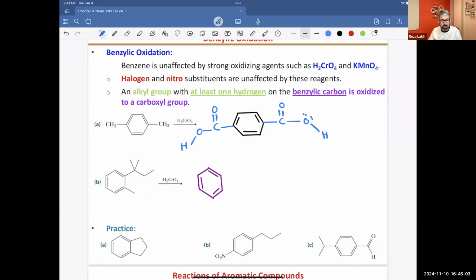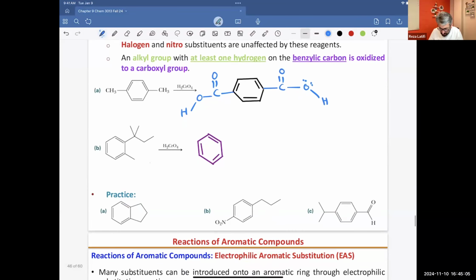Now, the second molecule, we have 3 hydrogens on this carbon. So that one will be oxidized, and it will turn to a carboxylic group.